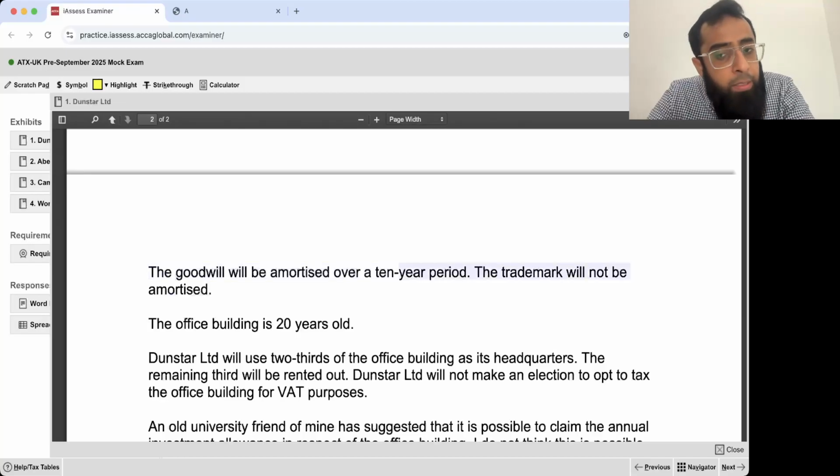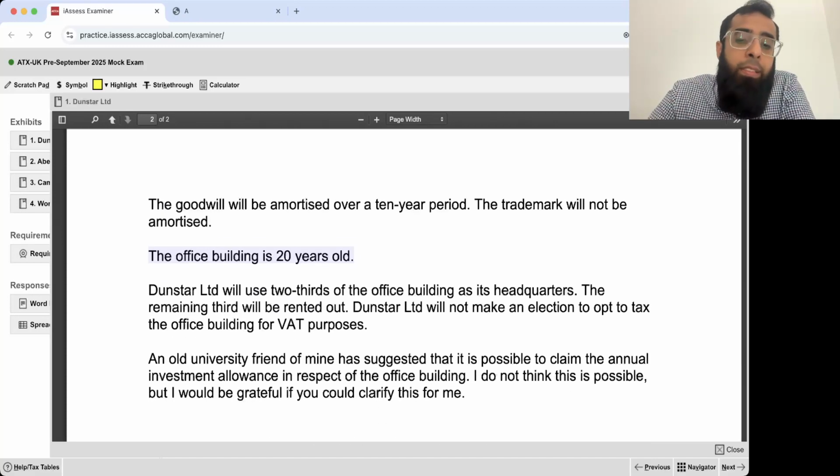For the trademark, they will get amortization for tax purposes, which can be the higher of 2 things: accounting amortization and 4% of cost. Since they are not doing any amortization in the accounts, it will be 4% of the cost. For the office building, there is no deduction. It's a 20 years old building, so no structures and buildings allowance also. And his friend's advice is wrong: AIA is on plant and machinery.